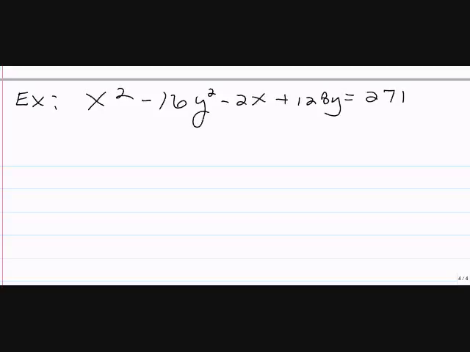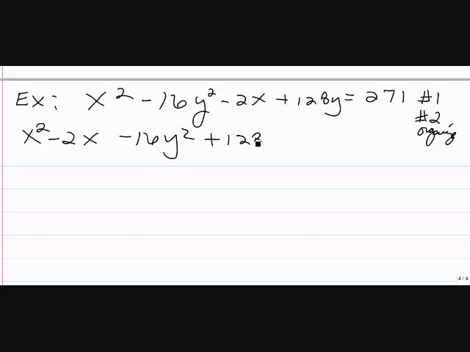Step number 1, move the constant to the right. Already done. Step number 2, organize. X squared minus 2x minus 16y squared plus 128y equals 271.